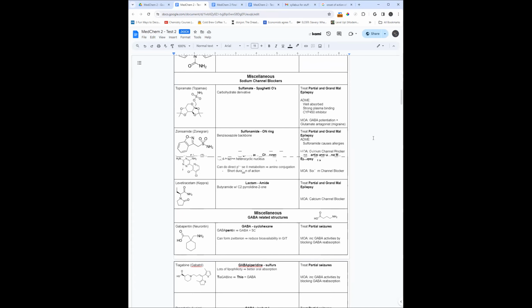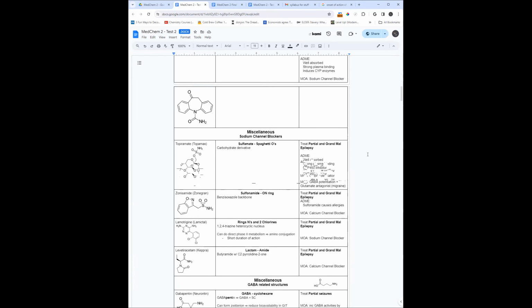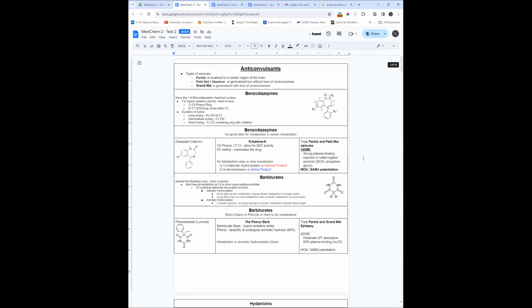Luckily, there are some similarities because of the way that they work. Especially if you remember from P-col, a lot of them are acting on the GABA receptors. Because of that, they need to have similar structures to barbiturates, which are the quintessential GABA drug.